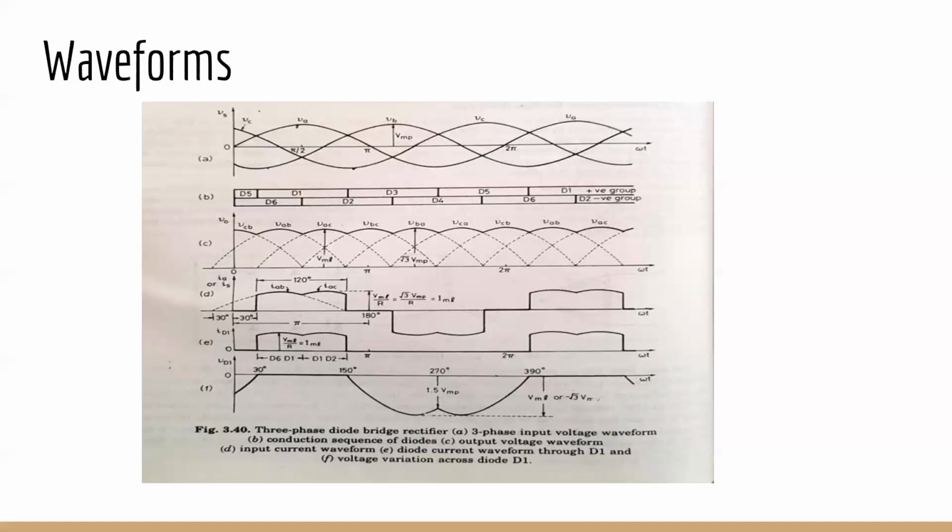From 150 degree to 210 degree, diodes D3 and D2 conduct and V naught equals line voltage VBC, and so on. Output or load voltage waveform is drawn by a thick curve as shown in figure C. Next slide will be explained by Payal.